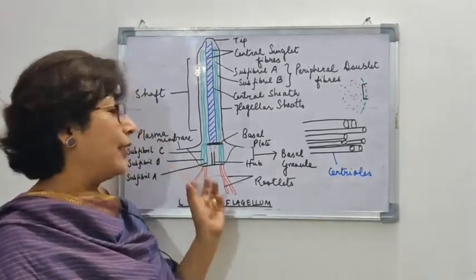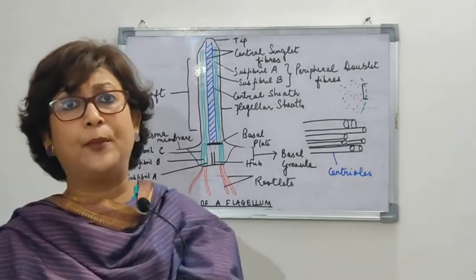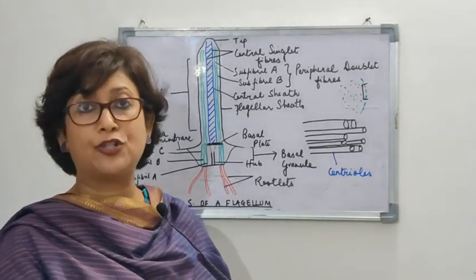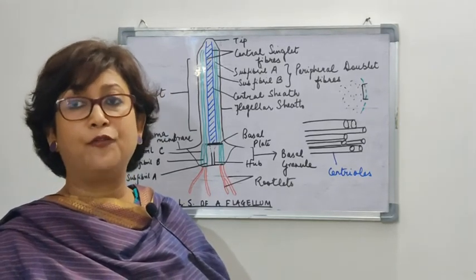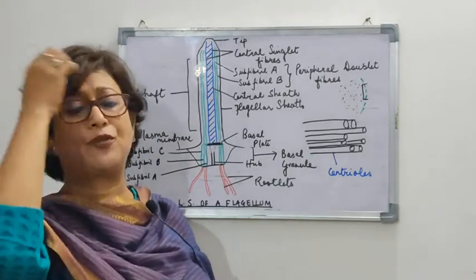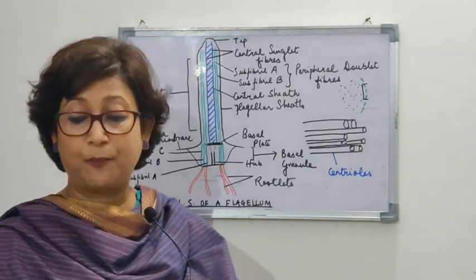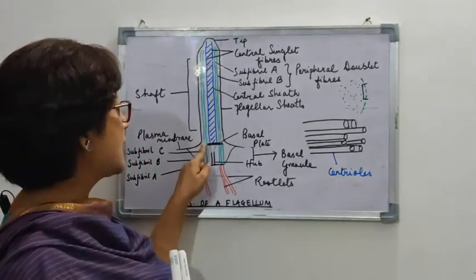So they are meant for providing support to the basal body. So we've talked about the basal body and the rootlet in the flagella or the cilia, because the structures are almost the same. So we move on to the next part of the flagellum, that is the basal plate.